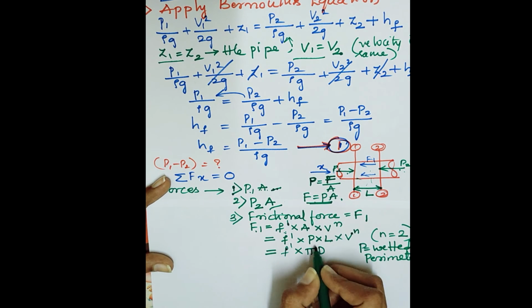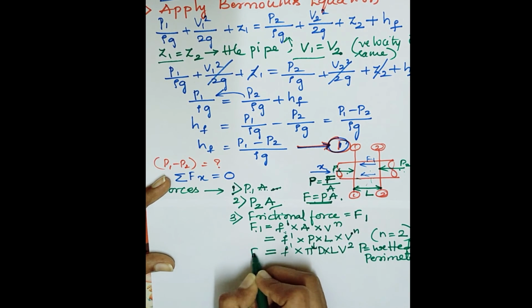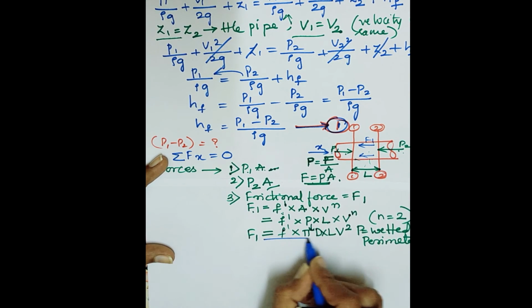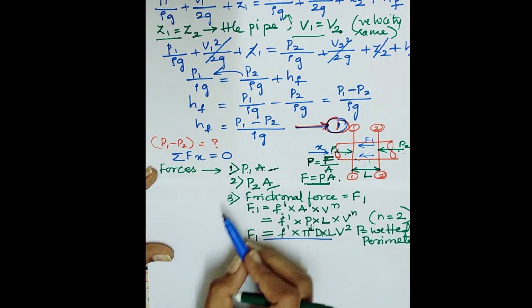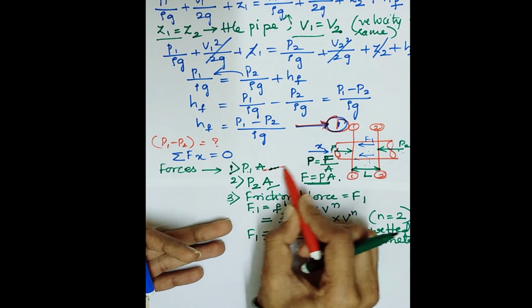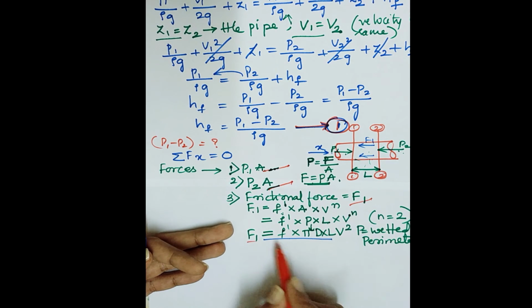So pi d is the perimeter. So frictional force F1 is F dash into pi into d into L into V square. Total there are 3 forces which act in between these two sections: pressure force at section 1, pressure force at section 2, and the frictional force.